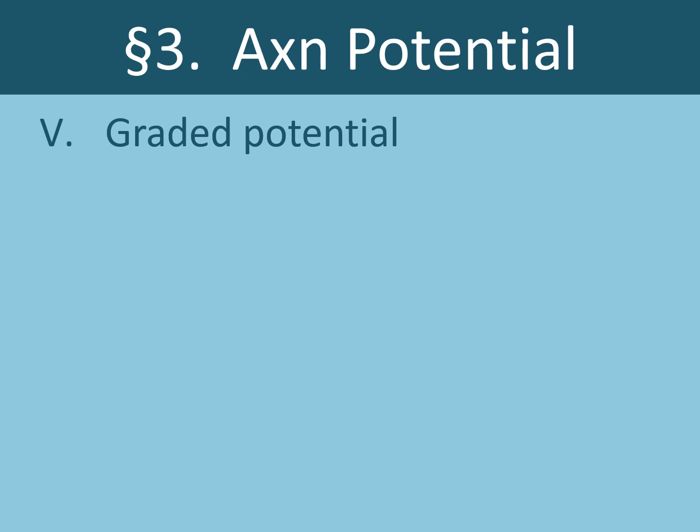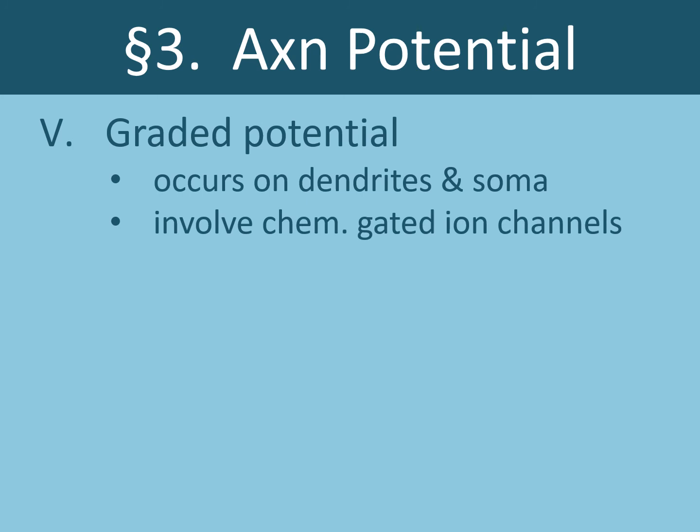Action potentials aren't the only type of signal that travels down a neuron. There's also graded potentials. Graded potentials are different from action potentials in several ways. First, they occur on the dendrites and cell body of neurons. Secondly, they involve chemically gated ion channels instead of voltage-gated ion channels. Graded potentials can vary in strength.